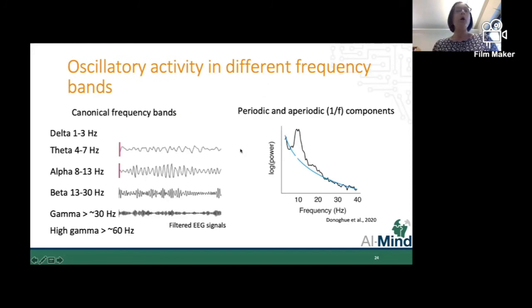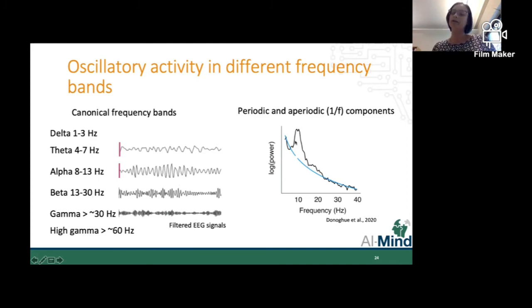So this oscillatory activity has been given names. We have canonical frequency bands, delta, theta, alpha, beta, gamma, where alpha and beta are the ones that are most clearly visible in awake normal participants.